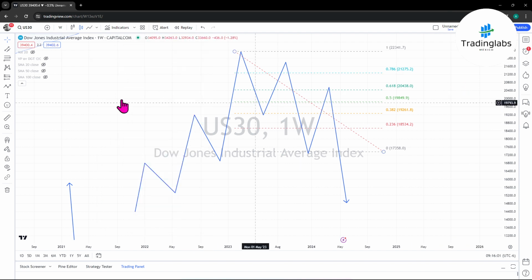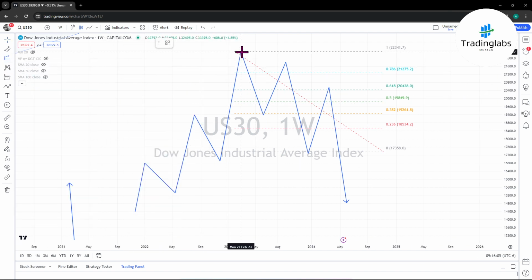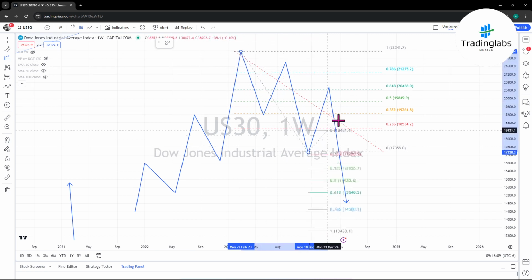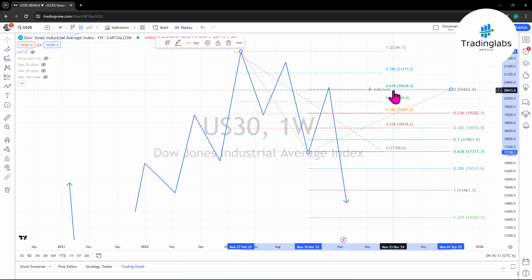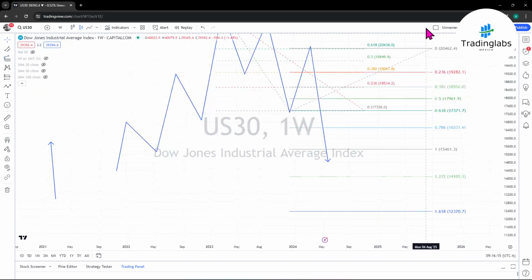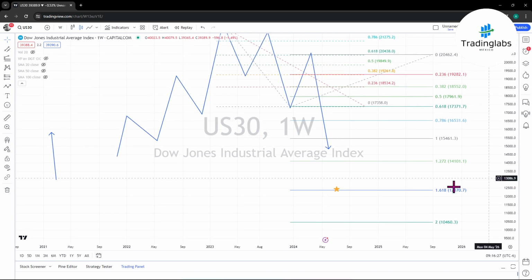So now we use another tool, the Fibonacci extension, from here to this low, to this 70, and we look where potentially the price can go, right here at the 1.68.